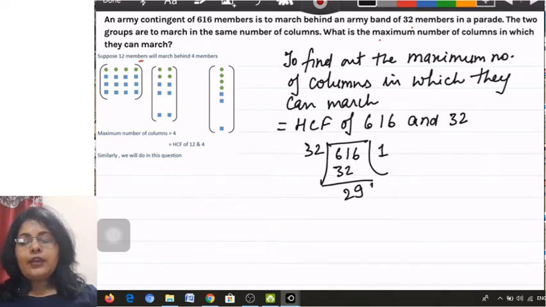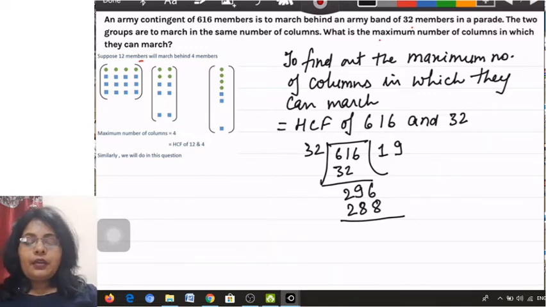And this 6 will carry over here. Now again 9 3s are 27, 9 2s are 18, 9. And so we will multiply with 9. 9 2s are 18, 9 3s are 27, 28. What is the remaining portion? 16 minus 8. What do we get? 9 2s are 18.